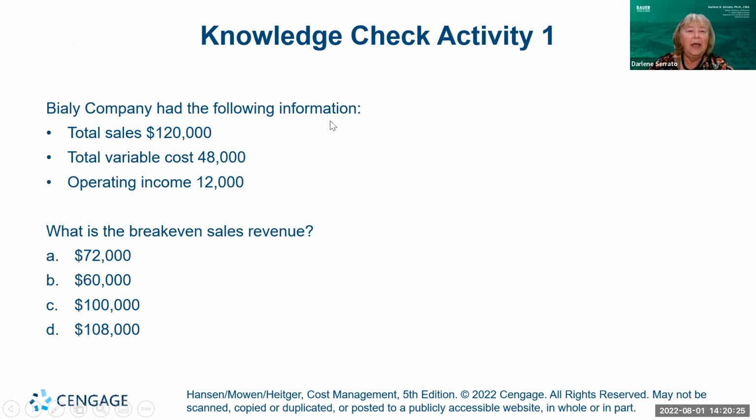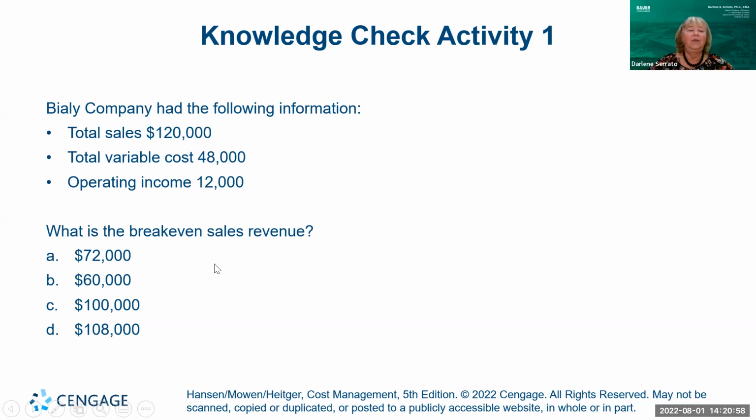So we had sales of 120,000, variable cost of 48,000, operating income of 12. What is the break-even sales revenue? So you're going to take contribution margin in dollars, which is 120 minus the 48. And you're going to divide that by the sales dollars of 120,000.